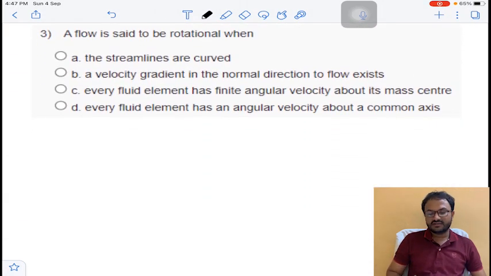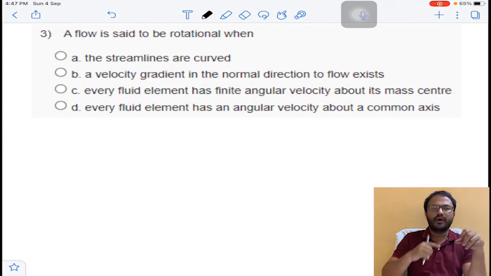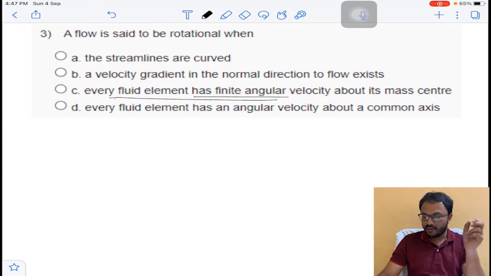Coming to the next question, a flow is said to be rotational when every particle or every fluid element can rotate about its center of mass. Then the flow is said to be rotational flow. That is, every fluid element has finite angular velocity about its mass center.